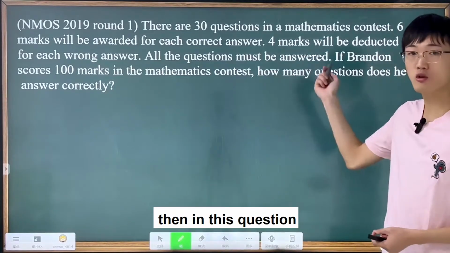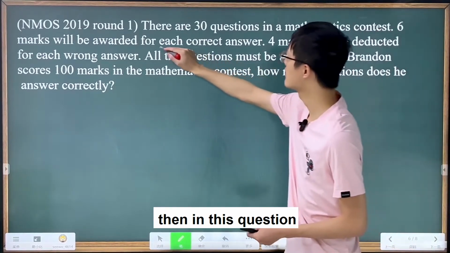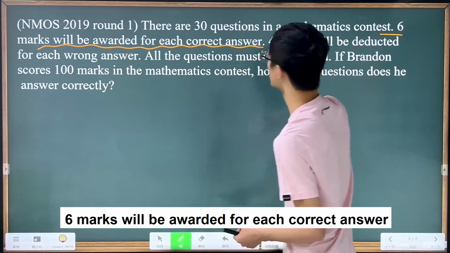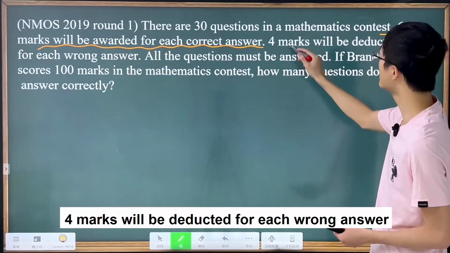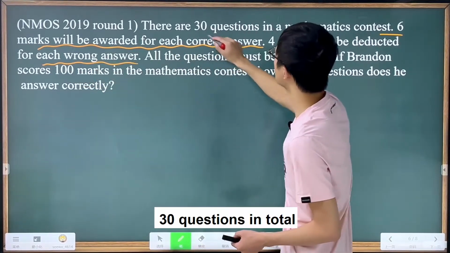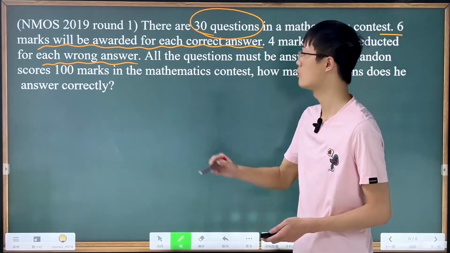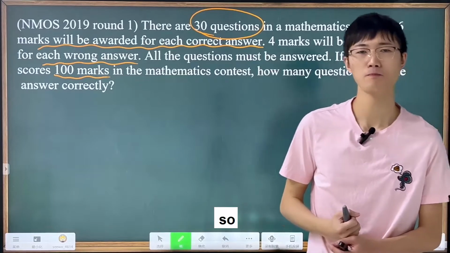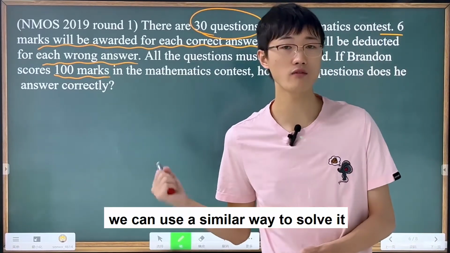Then, in this question, 6 marks will be awarded for each correct answer. 4 marks will be deducted for each wrong answer. 30 questions in total. 100 marks. That's very similar. So we can use a similar way to solve it.